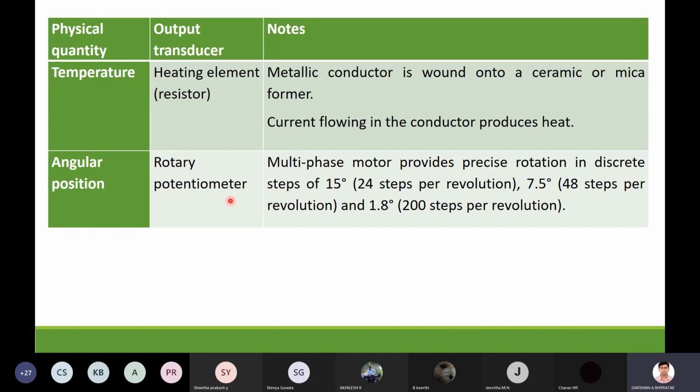Okay, so the potentiometer is nothing but what? I can give it as an example for an input transducer, and also for an output transducer. That is what we call an input and output transducer. Is it clear? Are you following me?